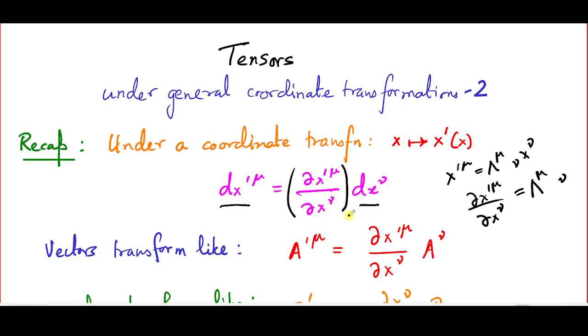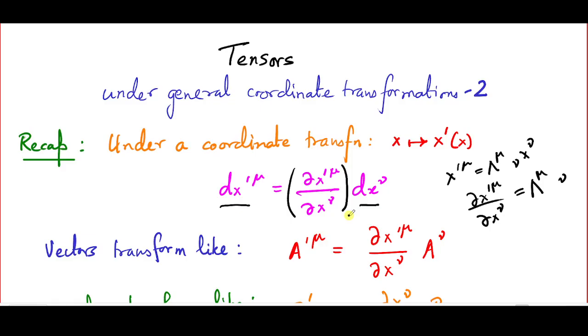On the other hand, vectors transform exactly like coordinates, or rather, they used to transform like coordinates under linear coordinate transformations. They still transform linearly, but under general coordinate transformations, they transform like coordinate differentials.